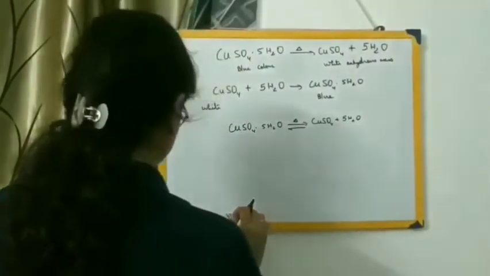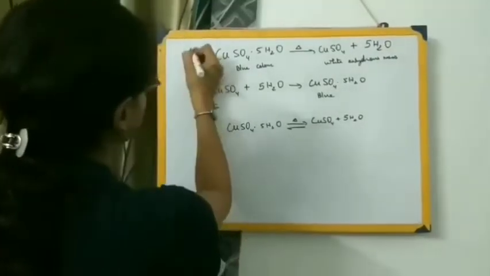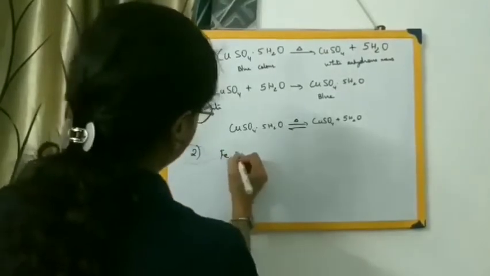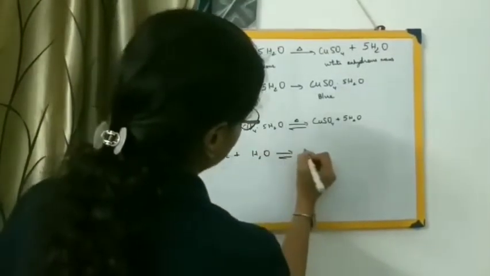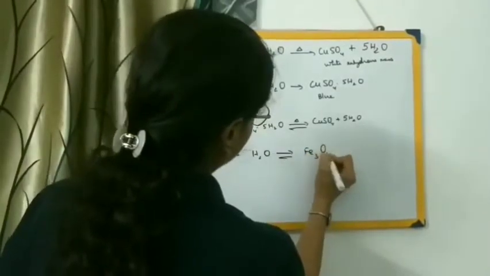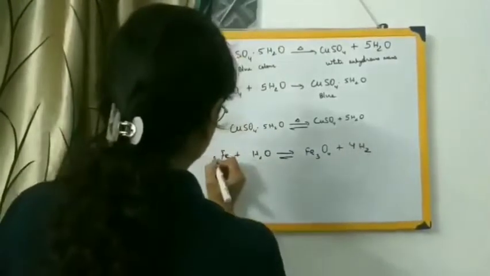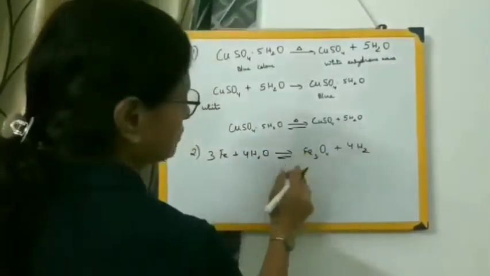Let me give you another example of a similar type of reaction. This was our first example, this is our second example. That is Fe plus H2O forms Fe3O4 plus H2, that is, this will be 3 over here and 4 over here. Now this is also a reversible reaction.